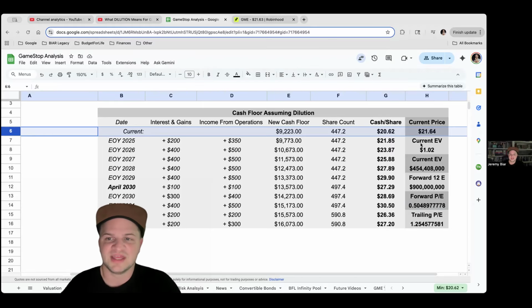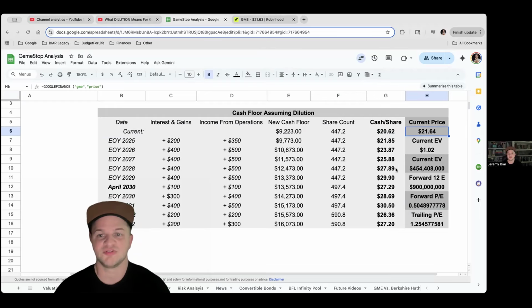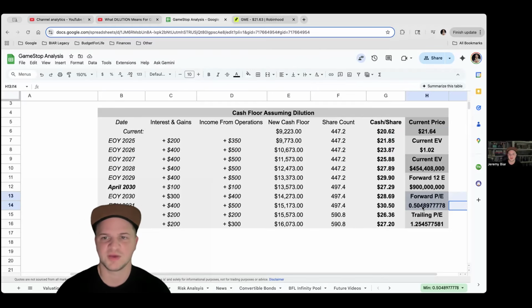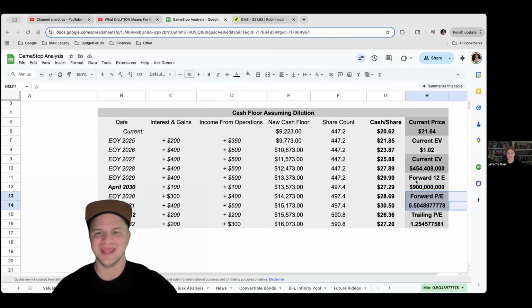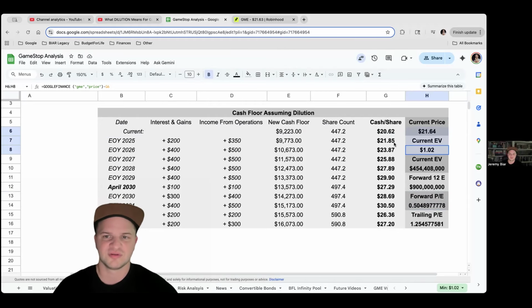that means that if you bought GameStop right now at $21.64 a share, within 6 months, within half a year, you will have made up the difference in cash.